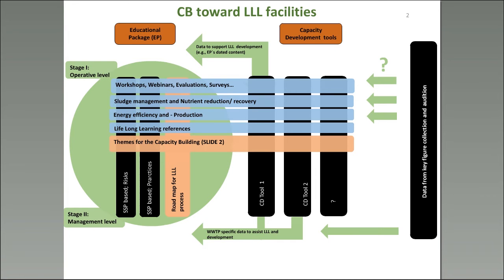Okay, so this is the mind map of how the two main outcomes, educational package structure and capacity building tools, are constructed. It seems that at least two target groups have to be taken into account from the wastewater treatment plants, meaning operative level and also management level.